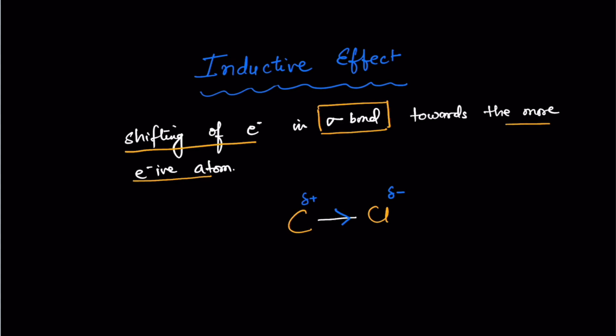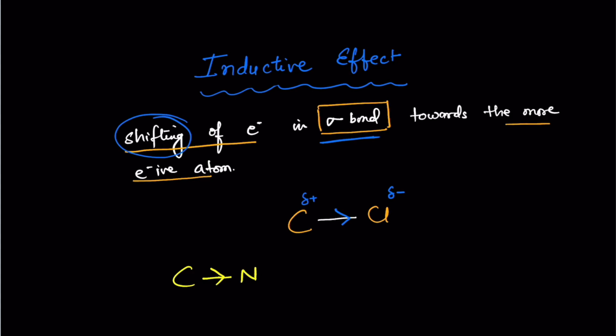Inductive effect happens because of shifting of electrons in a sigma bond towards the more electronegative atom. Now suppose we have a bond between carbon and nitrogen. Which one of those is more electronegative? Nitrogen, right? So the electrons will move towards nitrogen and they will move away from the carbon atom.